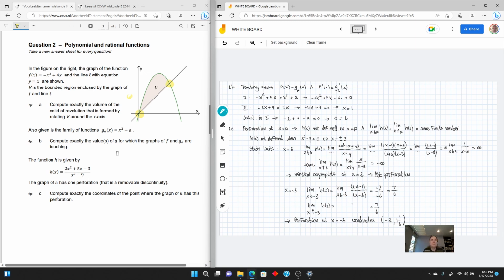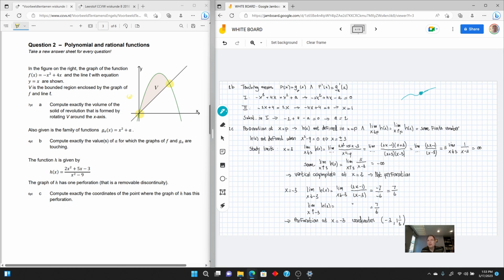Perforations. I often see perforations, which are removable discontinuities. So these are things that could look something like, you have a function with some open point here, meaning that at this point it is not defined.